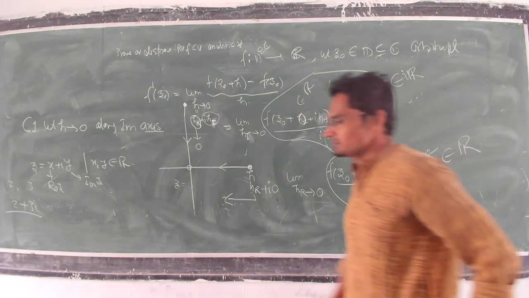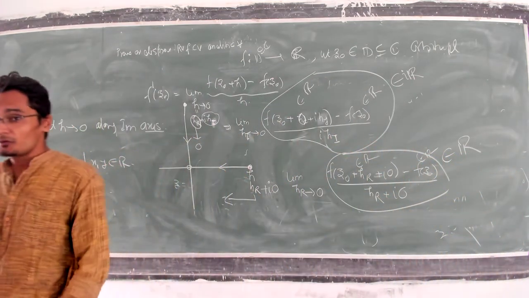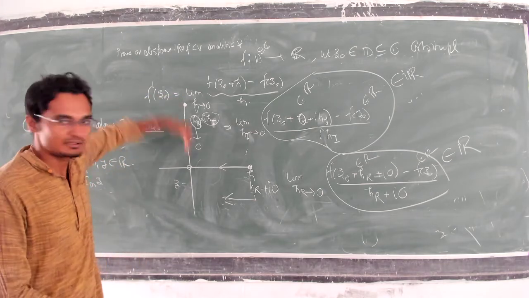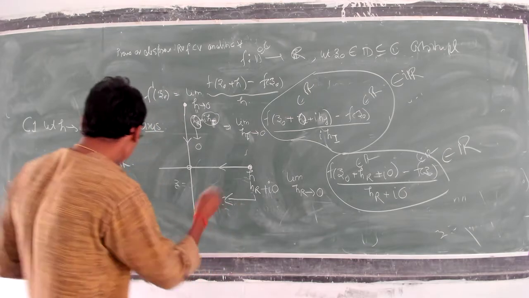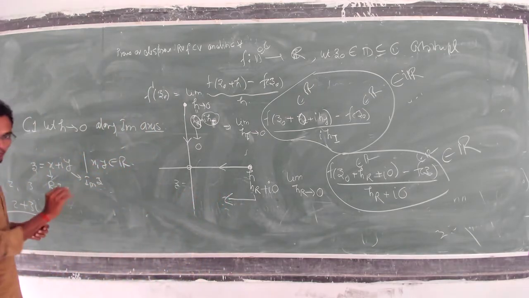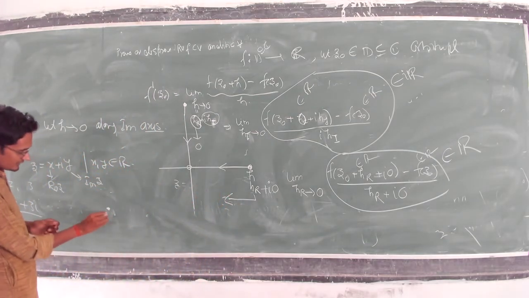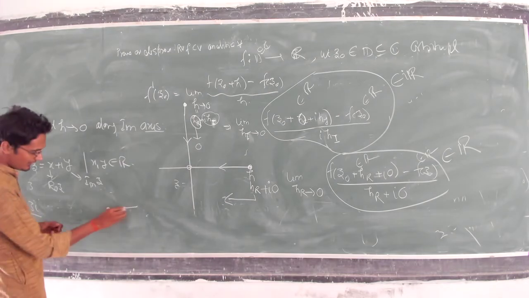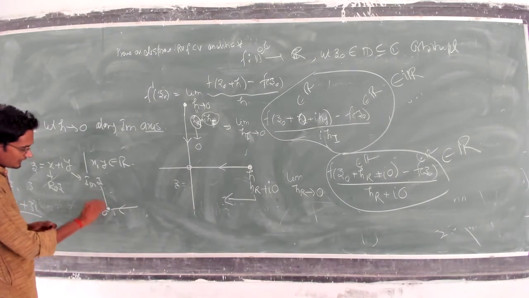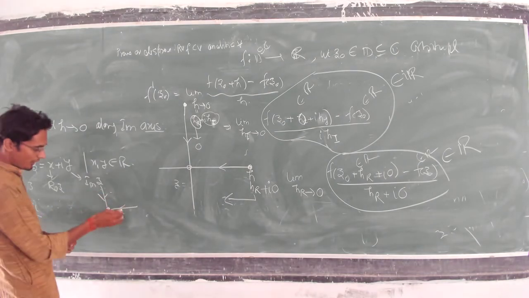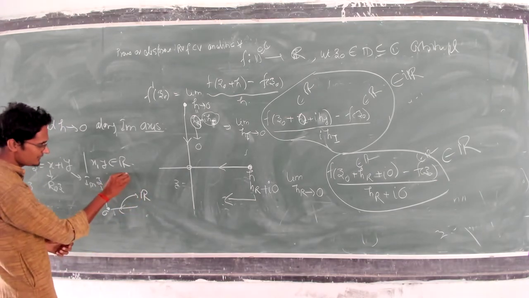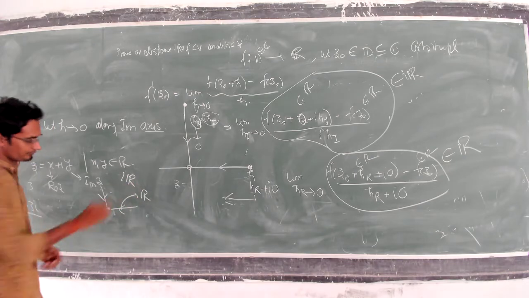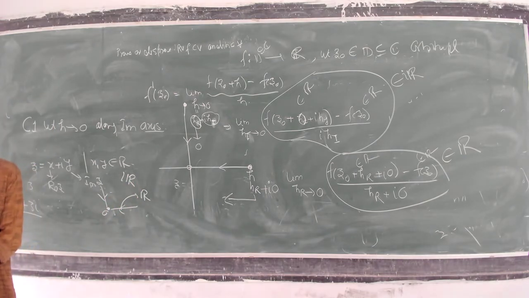But what is the differentiability condition? The limit should be the same, either you are coming this way or this way, right? So you tell me one approach: when 0 is there, if I am coming from this way or from this way, this approach is giving R, this approach is giving iota R. Right?